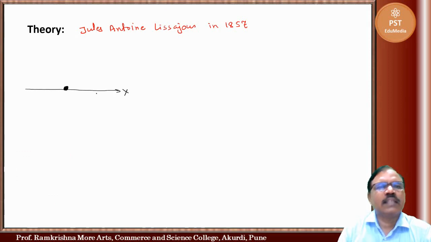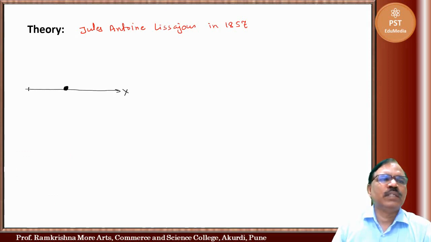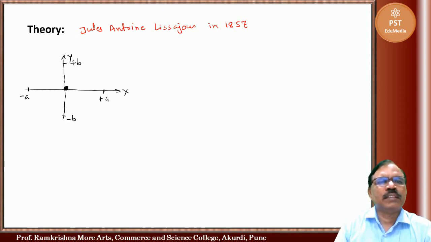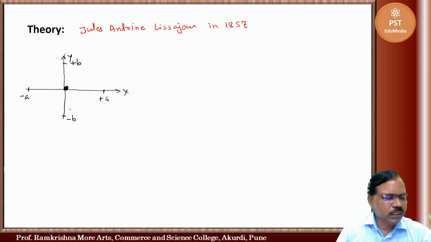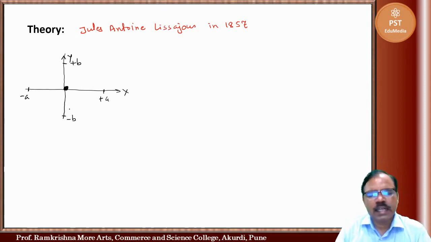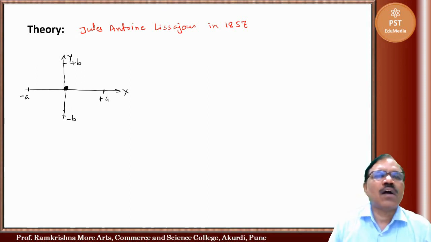along the x-axis, and suppose it is moving between minus a and plus a, and another simple harmonic motion is acting along the y-axis, and suppose it is moving between minus b and plus b. Now these two simple harmonic motions are acting on the particle simultaneously.